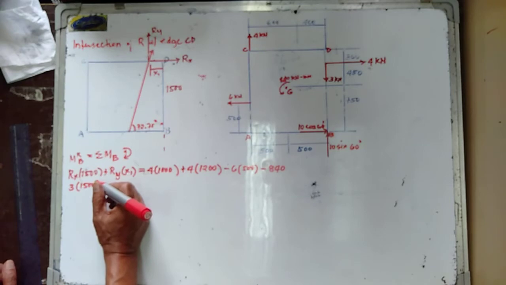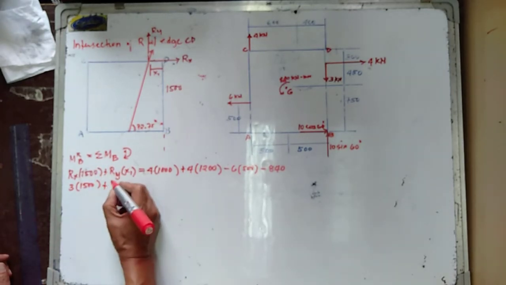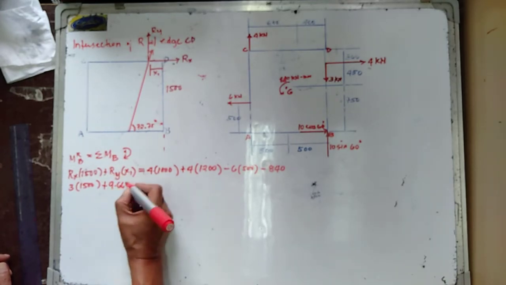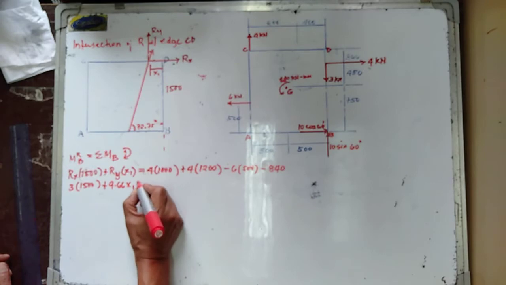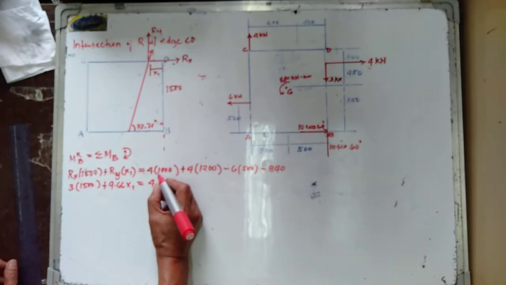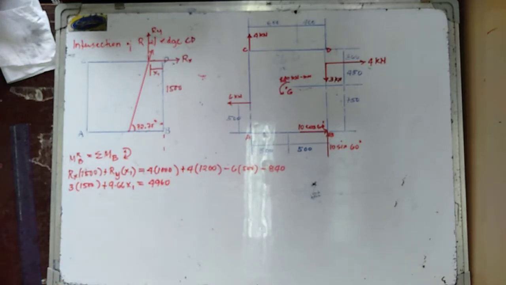So the value of Rx again is equal to 3 multiply this by 1,500. And then we have Ry, which is 9.66 multiply this one by x1, is equal to 4,960 kilonewton millimeter.